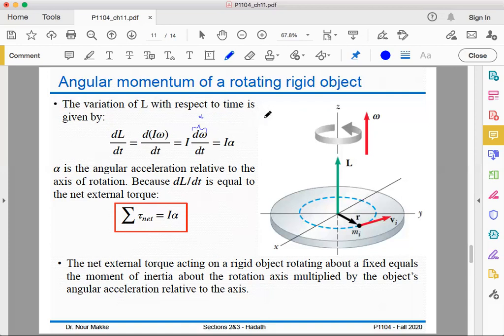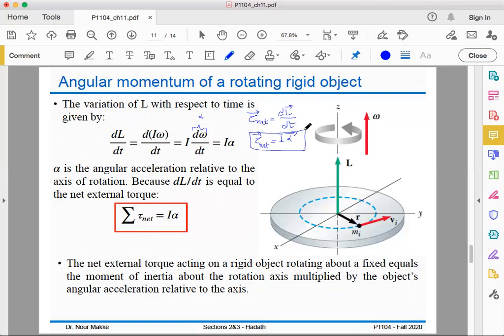We saw earlier, when we talked about Newton's second law for rotation, that we can write tau net as the derivative of the angular momentum L with respect to time. Now, if the derivative of L with respect to time is nothing else than I alpha, that sounds great. Then we obtain again that tau net is equal to I alpha, which is Newton's second law that we got in the last chapter.